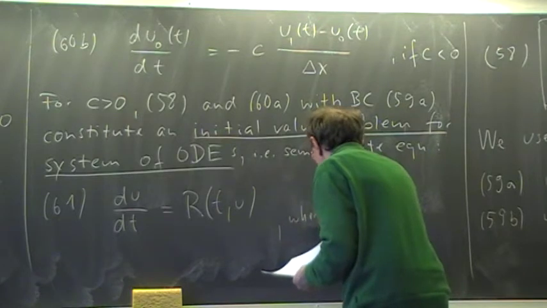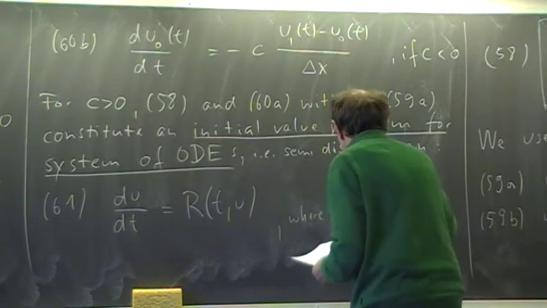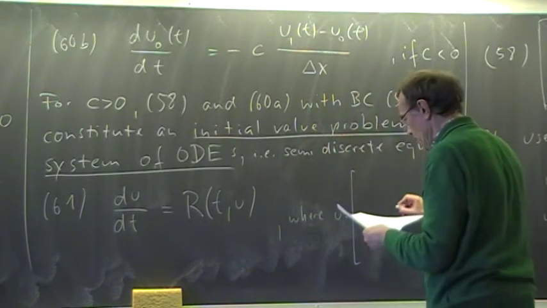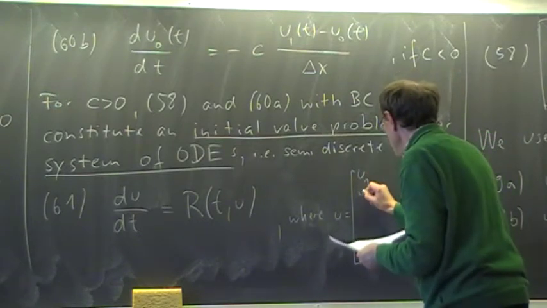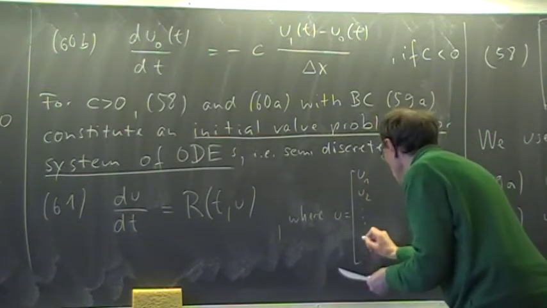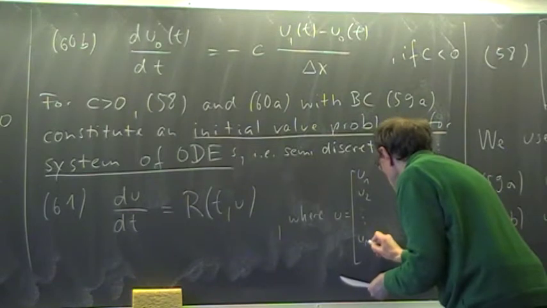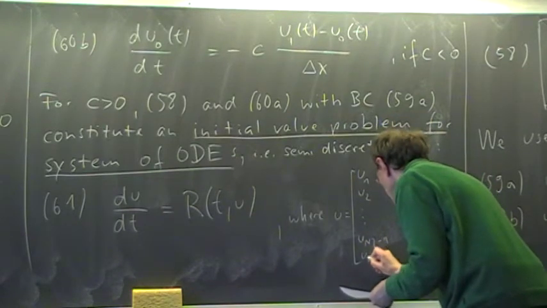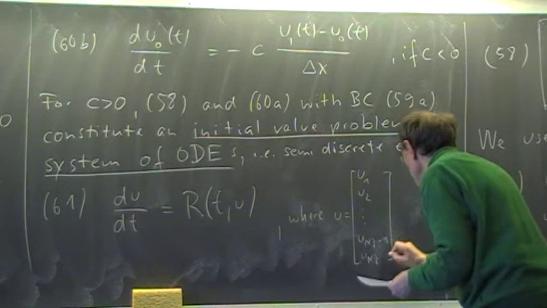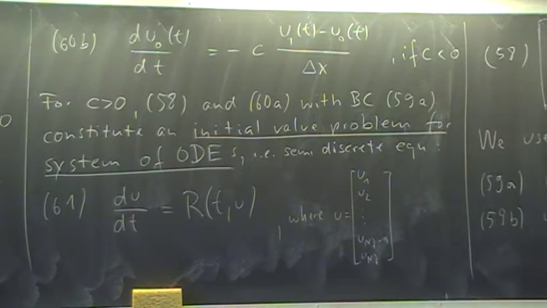And in here the u is the vector of our unknowns, which is u1, u2, and so on, unj minus 1, unj. So all these are contributing to our unknowns.